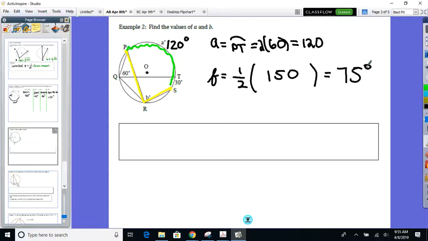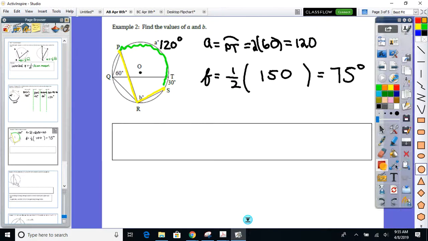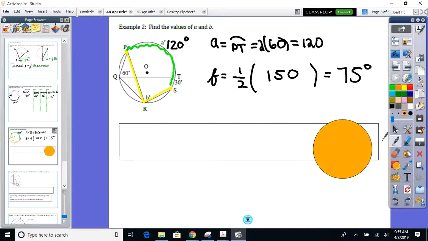Questions before I get to this blank box that something obviously needs to fill in with. Draw yourself a circle in the box. Put a center in there. You don't have to label it. I'm going to draw an inscribed angle in right now.